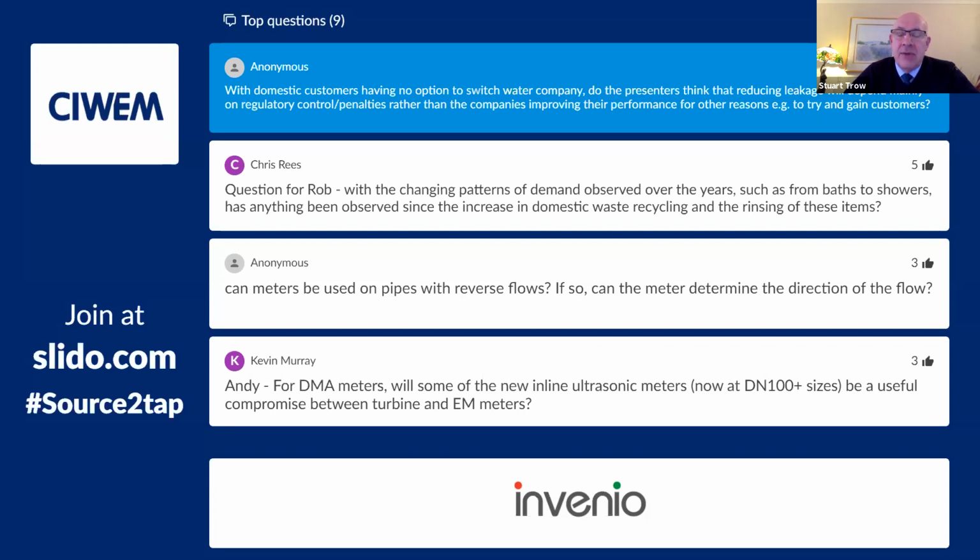So I think the main driver is regulatory, but I also think that none of the companies want to be bottom of the table when it comes to leakage. It's bad PR, it's bad for reputation. And it also affects the customers' attitudes towards that company when it comes to things like CMEX score as well. So yeah, it's a good question. I think the main driver is regulatory, but there's also customer perception of the company comes into it as well.